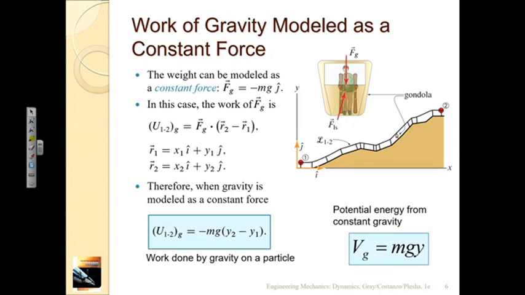For B, I'd have mg, if my datum was at the bottom of the hill, mg, and now my y1 value is, let's call this 0, 1, and 2 feet. Now it's 2 units, or however many feet it was. If it was C, and for some reason I picked the datum to be the middle, now my y1 value is 1.